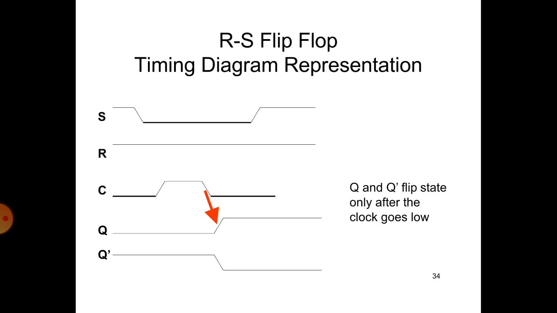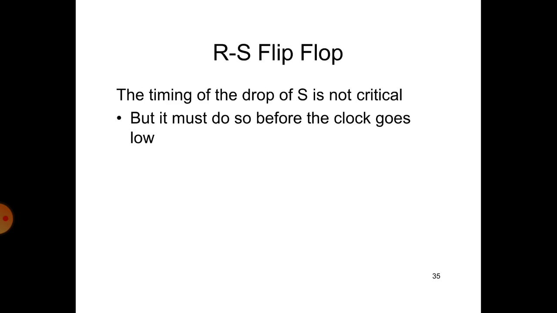If clock goes high means Q and Q bar will be the flip state only before the clock goes low. It means high. So this is the meaning of Q and Q bar flip state only after the clock goes low. So this is RS flip-flop.